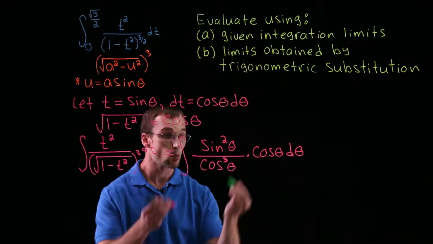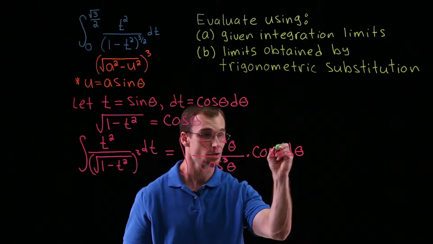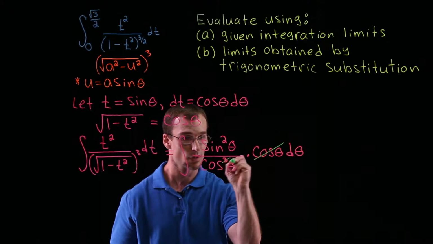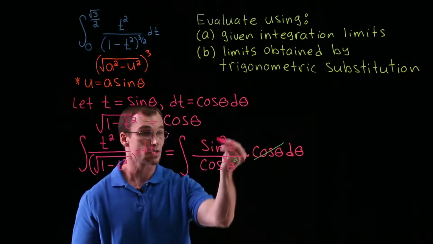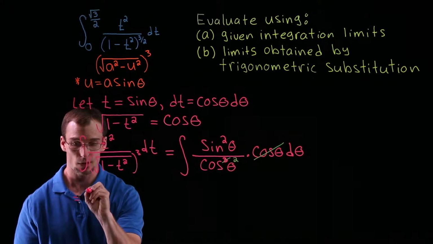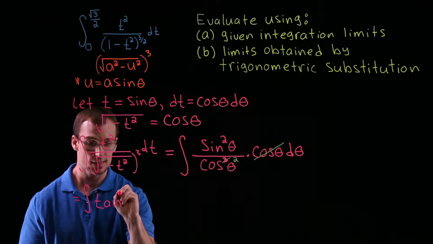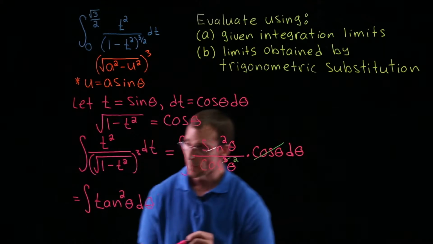Okay, so once we get everything plugged in, we'll see what we can simplify. Well, we notice we have a cosine here, which will cancel with one cosine on the bottom, leaving us with cosine squared. So we have sine squared over cosine squared, which is equal to the indefinite integral of, we can write it as, tangent squared theta d theta.